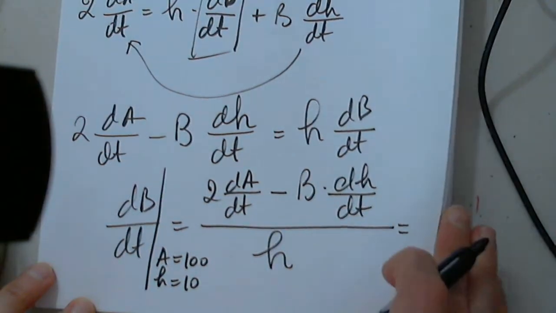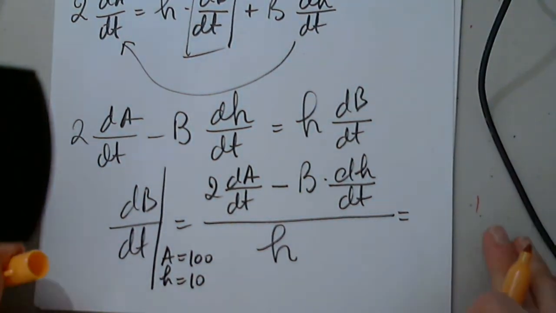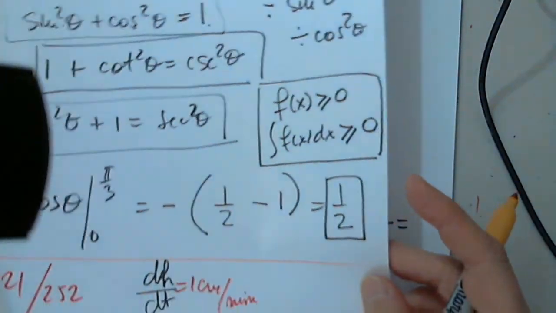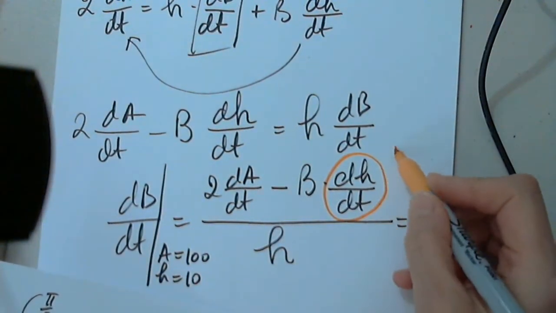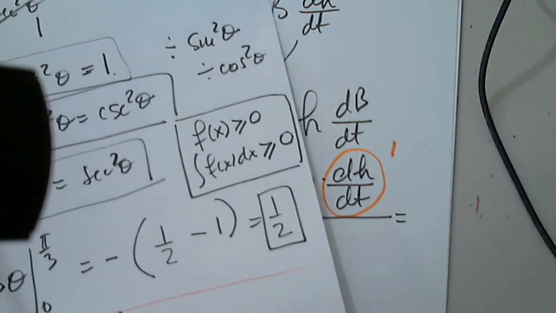And now I'm looking for all my numbers. So let me put them here. dH over dt is 1. H is 10. dA over dt is 2.